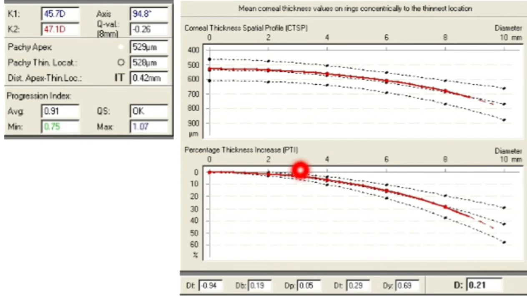If this red curve gets deviated before 6 millimeter like this, it indicates there is an ectatic condition in the cornea, okay. And you also need to see the average value here, and the average value should be less than 1.2, then only you can call this normal, okay.